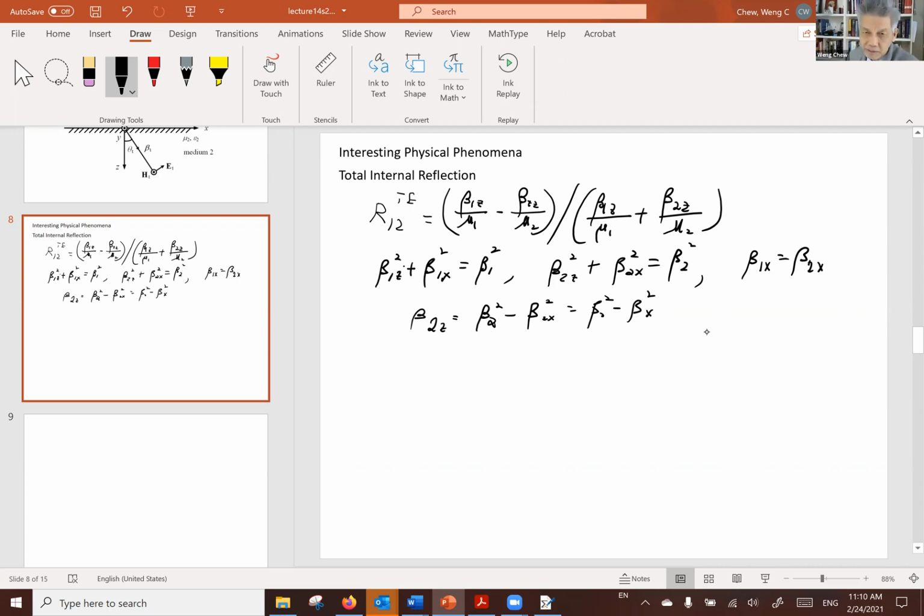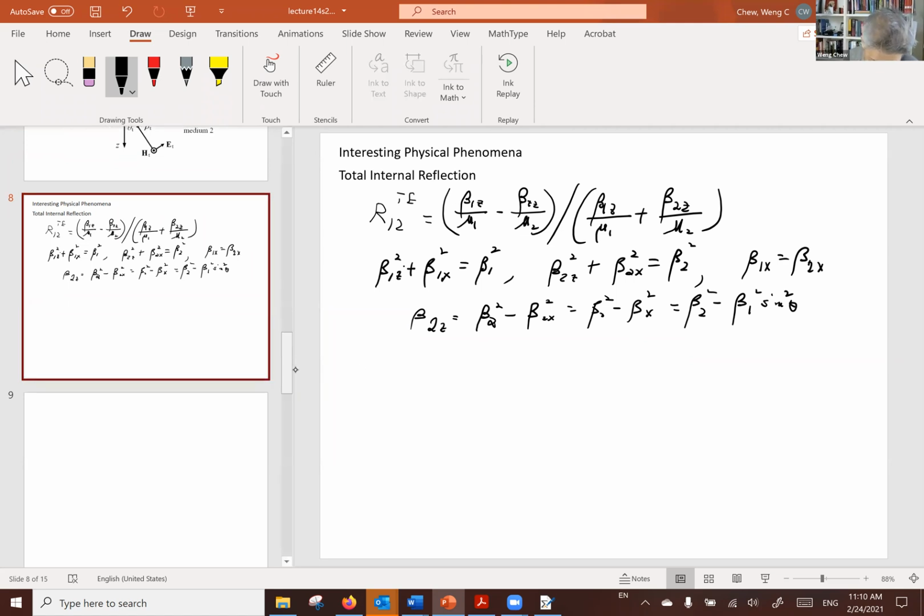And you can see that it will come to a juncture where beta 2 square is, I can call this, beta 1 sine theta square. If beta 1 is smaller than beta 2, it will come to a juncture that this cannot be satisfied anymore.